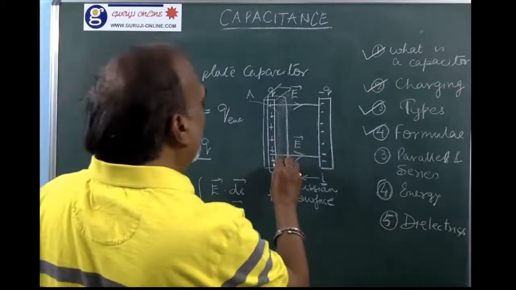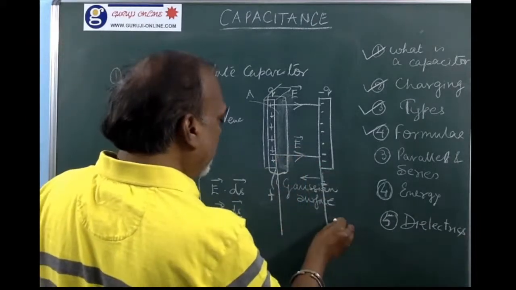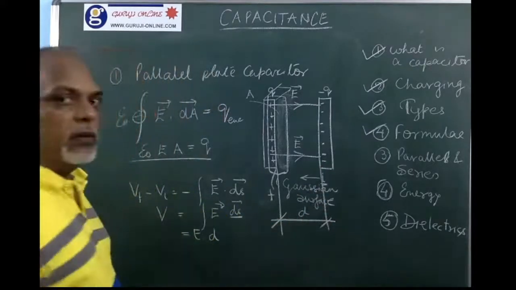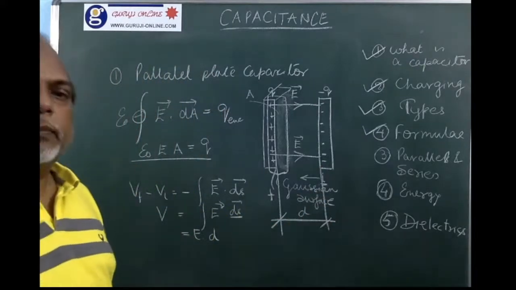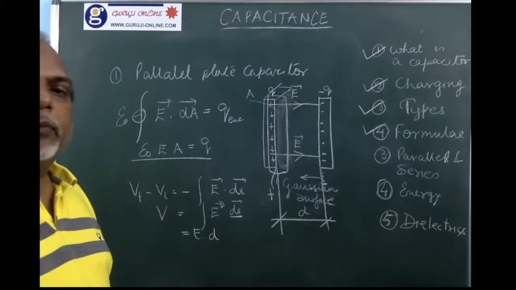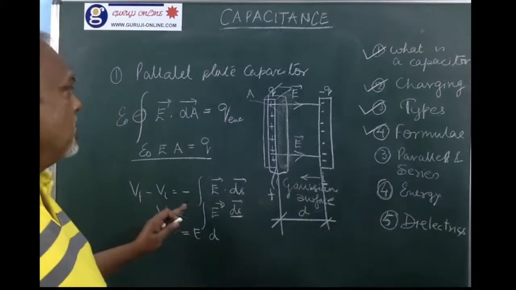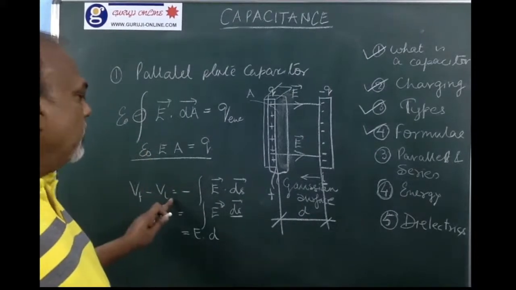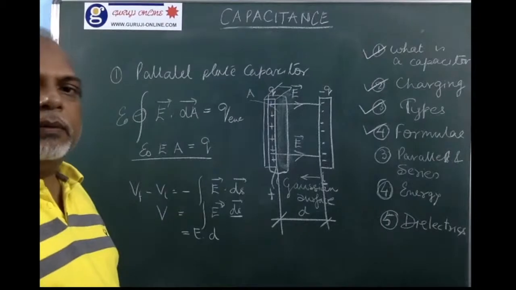D is the distance between the plates. Correct? Any problem up to this? This is from the Gauss formula. This is from the electric potential, what we learned.